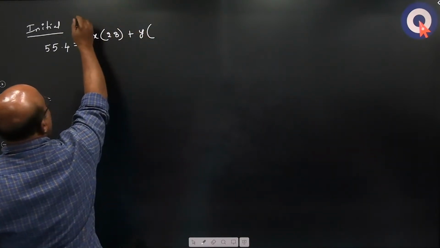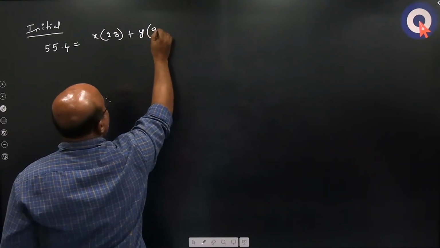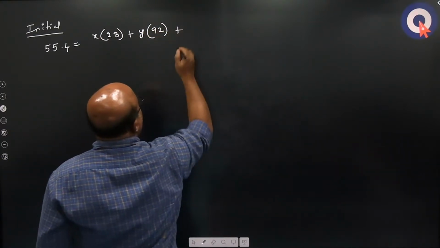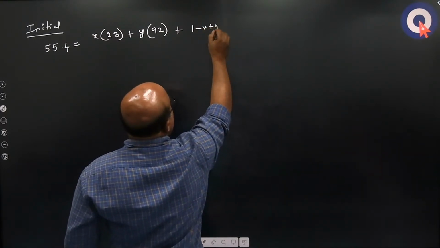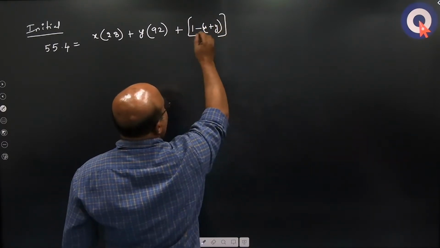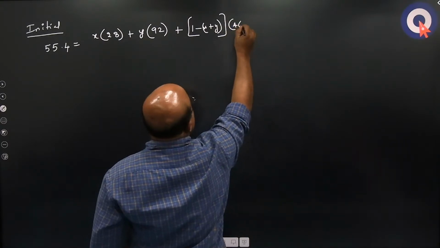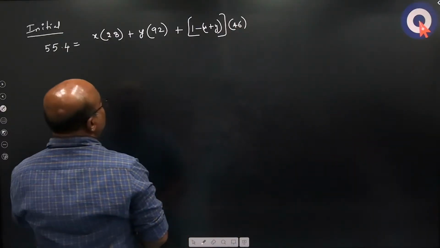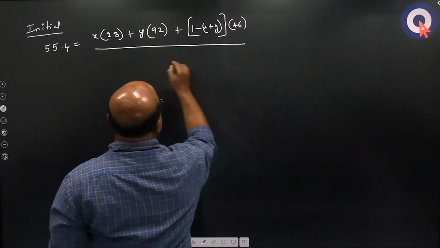N2O4 is 28 plus 64, so 92, plus the total number of moles of NO2, which is 1 minus X minus Y, into 46. This is the total mass of the mixture. By total moles, directly I can say 1.